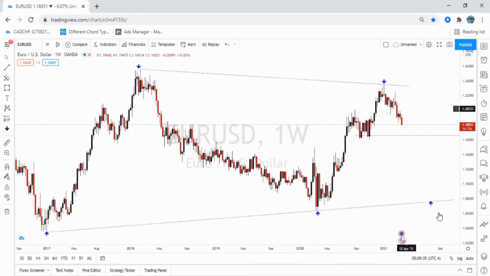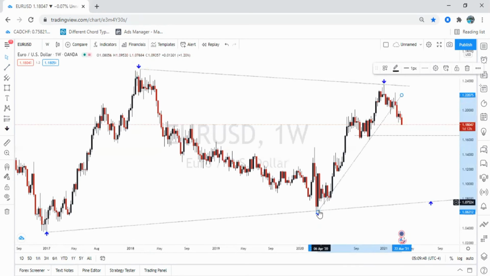Now expecting a movement to the downside according to what we saw on the higher time frame, right? So now we have to draw our trend line so that we can get confirmation. So use the same logic, same method. Connect wicks. So now we got a breakout, right?